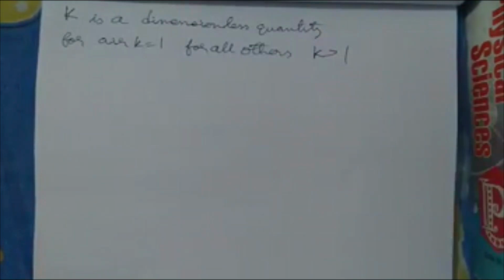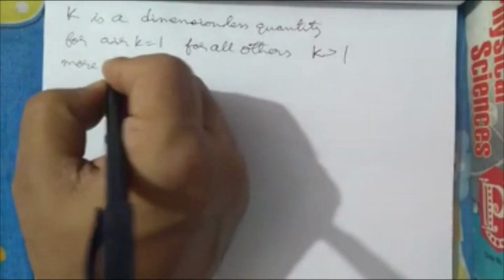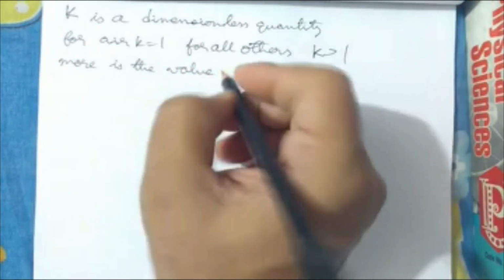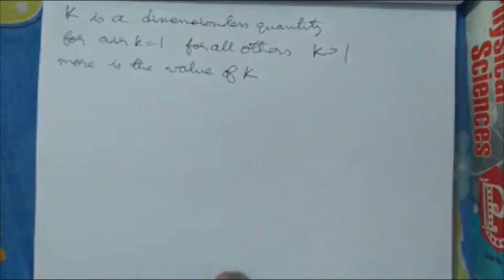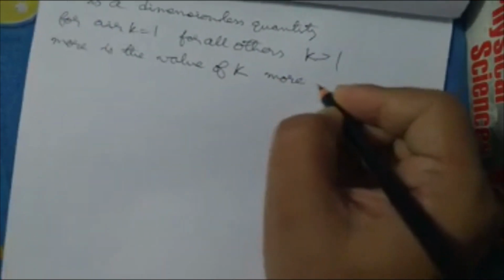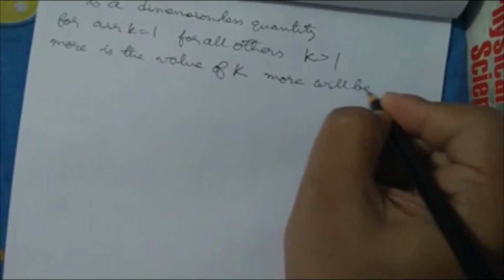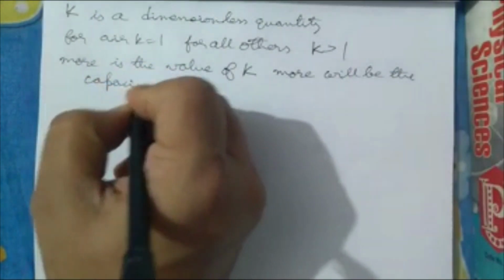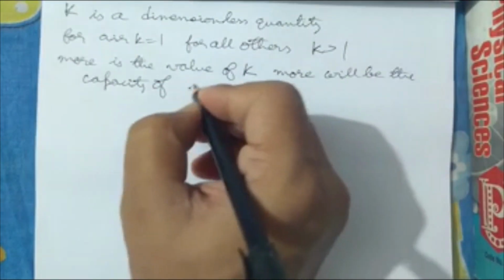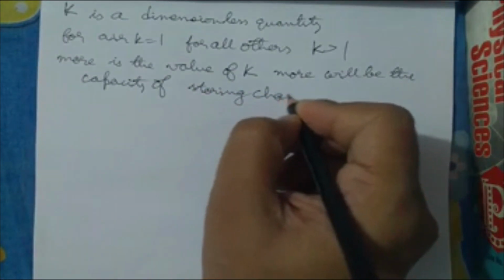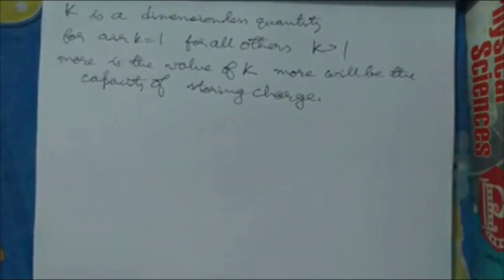And the more the value of K, that is, the more the dielectric constant, the more will be the capacity of storing charge.